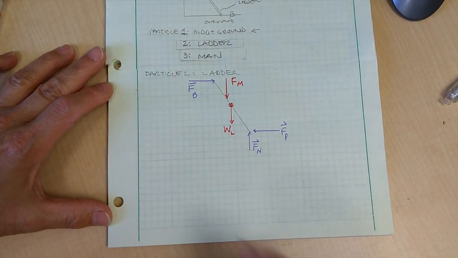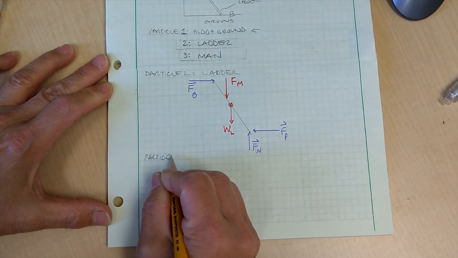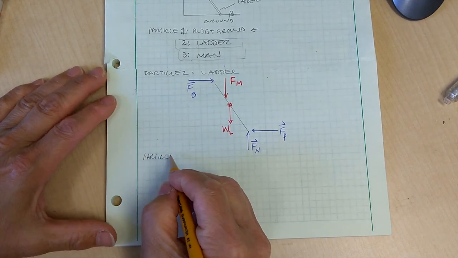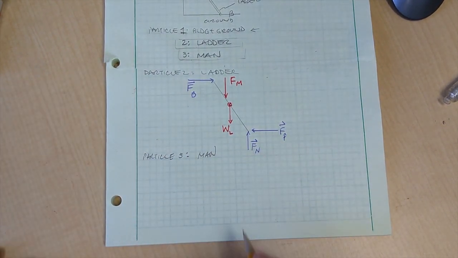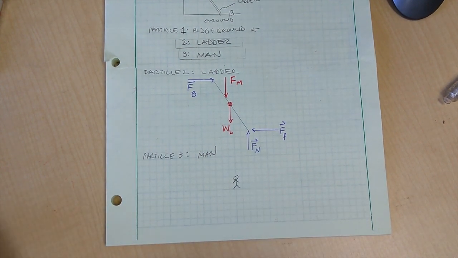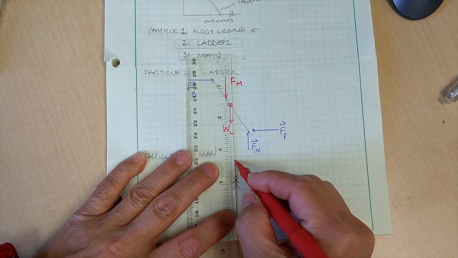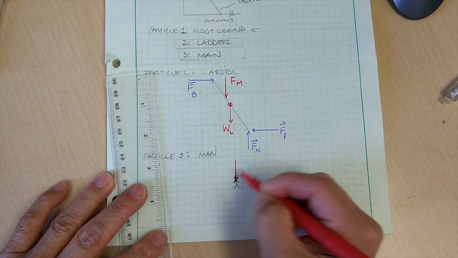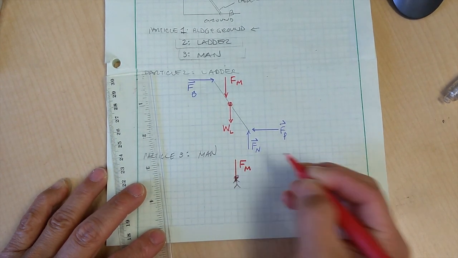So let's move on now to particle number 3, which is the man. I have the man, and due to his weight, he experiences a force, F of the man.